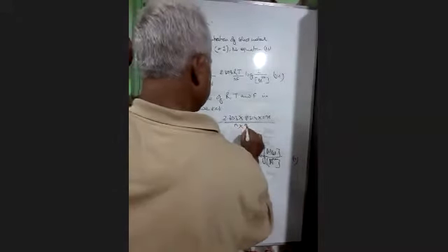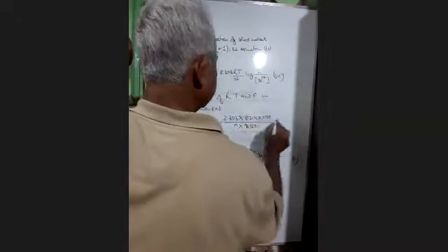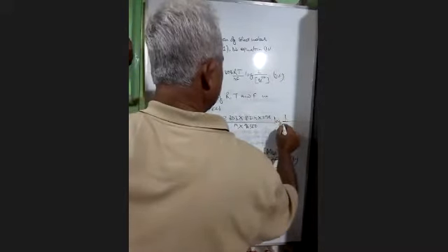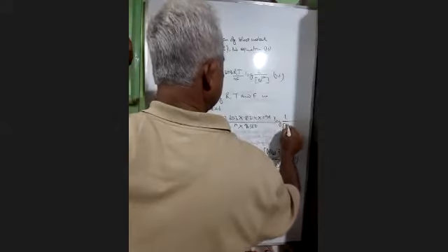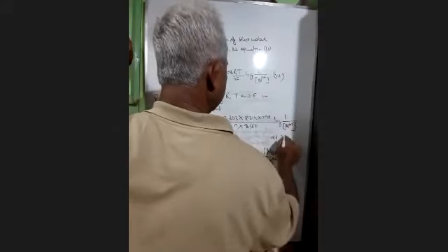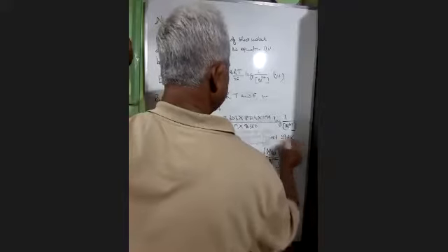So it is n into 96,500 log 1 by Mn plus, at 298 Kelvin.